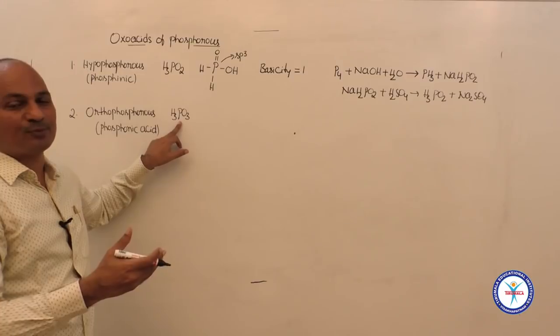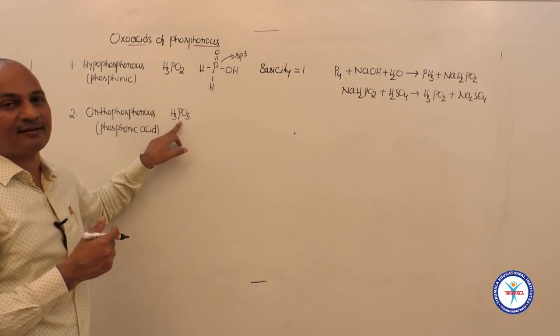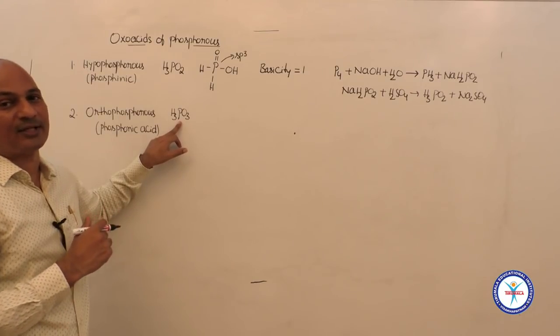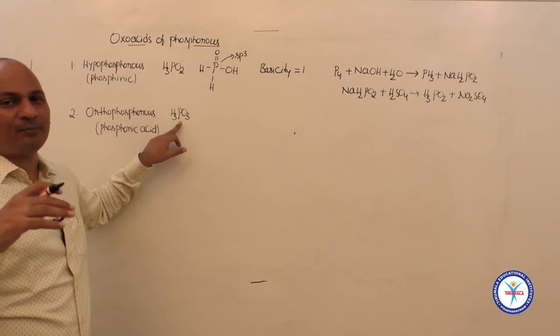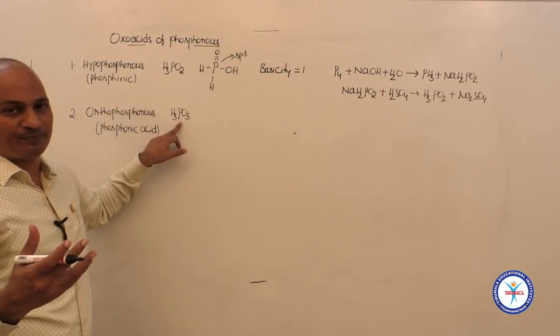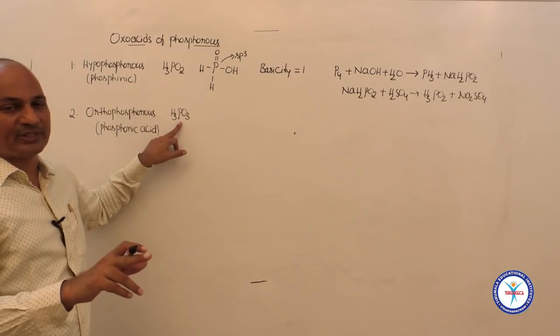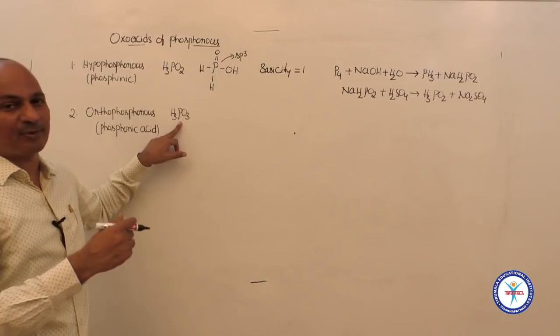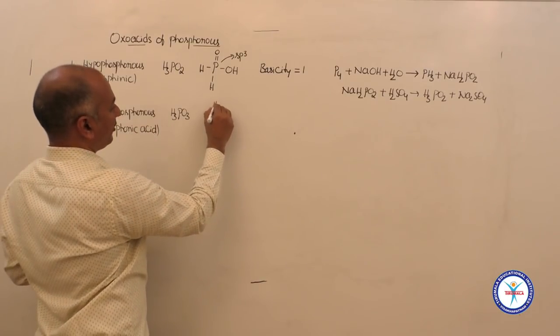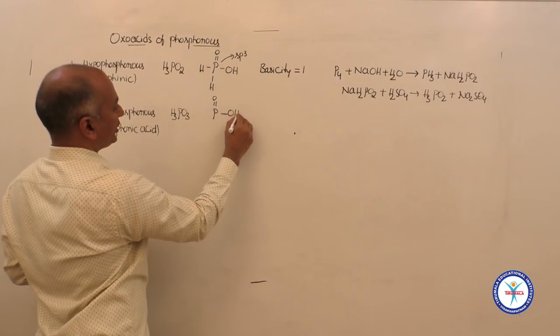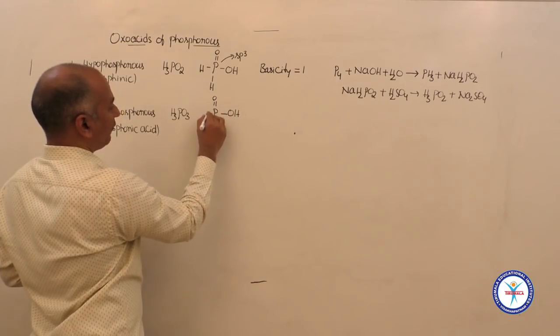PCl3 gives white fumes in moist air. You recall, all of you, the product is this one only. PCl3 reacts with many compounds having OH group, replacing that OH group with Cl, and in that reaction also this is the product. Okay, H3PO3, and the structure P double bond O, 2 OH groups and 1 H.